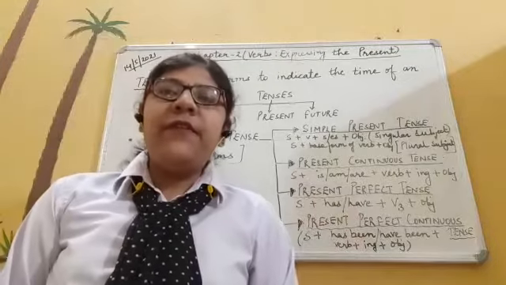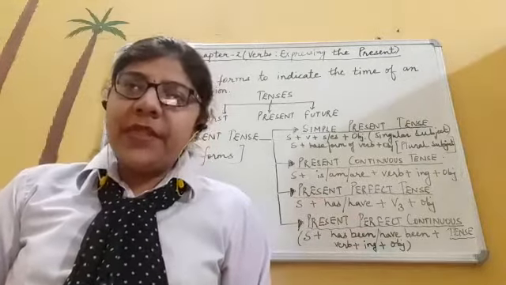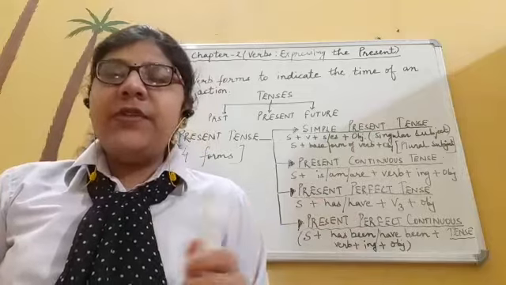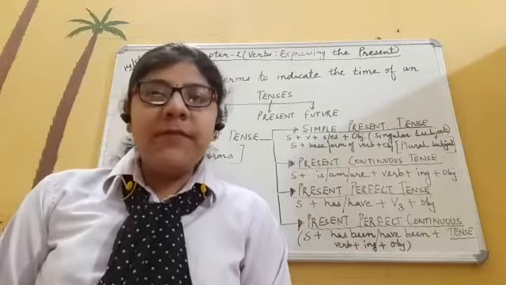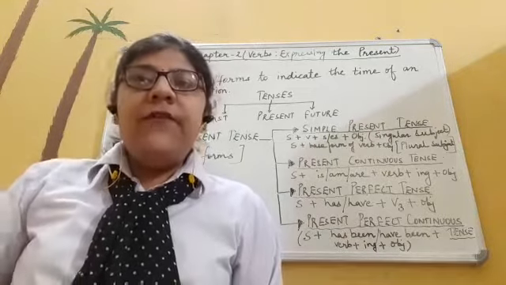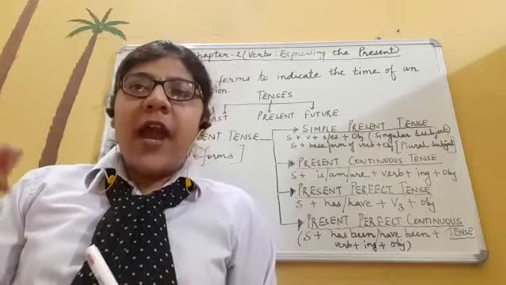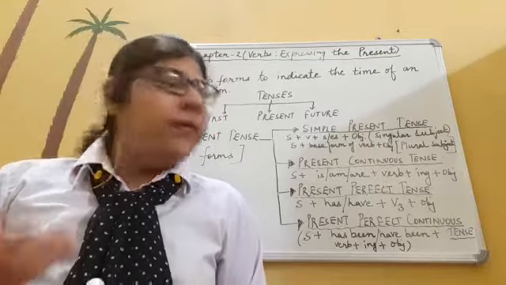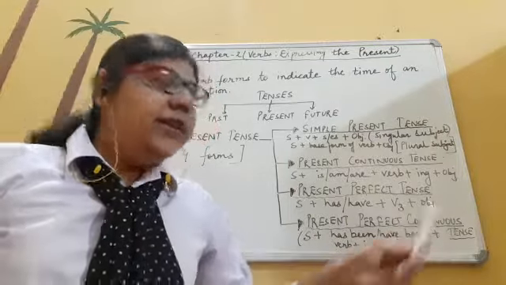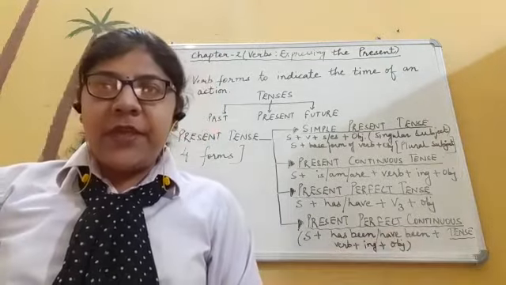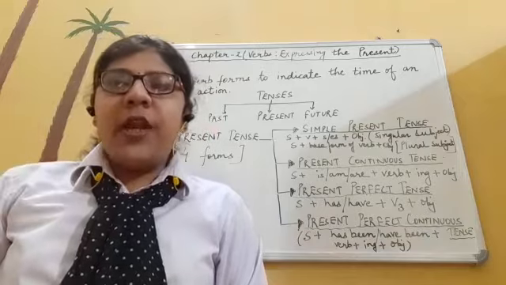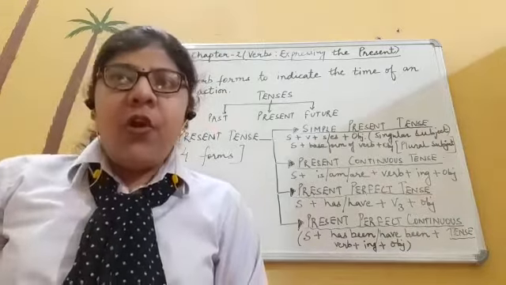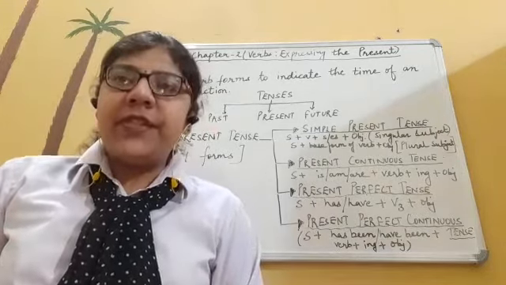Come to the fourth and the final form, that is present perfect continuous tense. Now what does this tense mean? The actions which happened in the past and they are going on at the time of speaking. They are in progress. Continuous means they are in progress at the time of speaking, and they are going to continue in the future also, or they will end very recently.